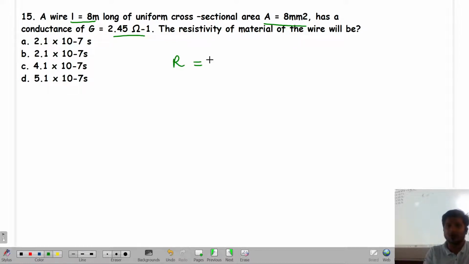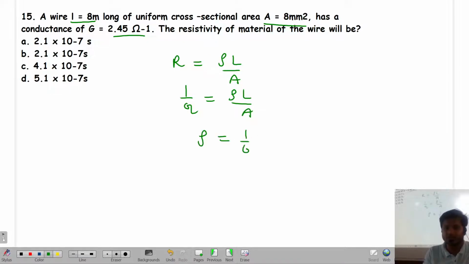So R is equal to rho L by A, or not? Yes or no? R is equal to 1 by G, rho L by A. It is asking the resistivity of the material.